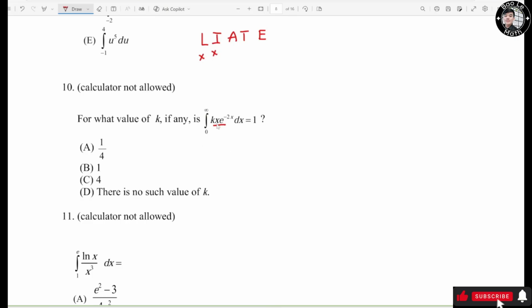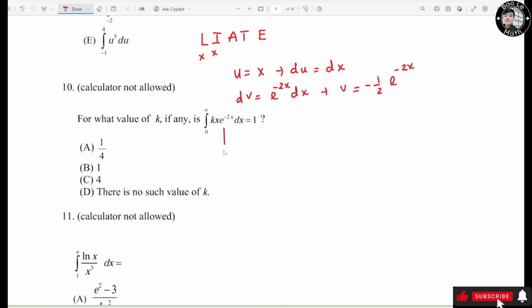But we have the algebraic right here, s, right? So we have let u equals s, then du equals ds, right? dv equals e to the negative 2s ds, right? And then v equals -1/2 e to the negative 2s.